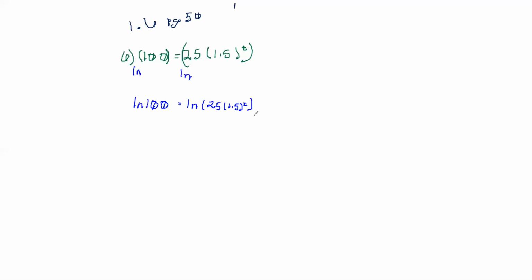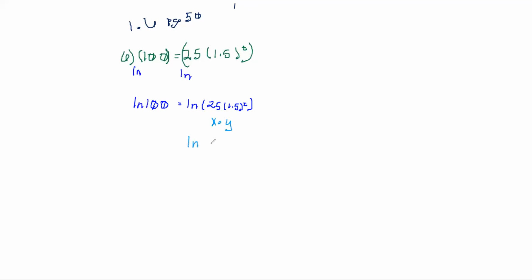Can anyone tell me what we do next? We divide out that 25, correct? That is not the first thing I would have done. That's kind of how I get to the answer. I usually don't mess with stuff when it's inside the logarithms, because when it comes to dealing with logs, I would separate this out first and get everything in terms of the logarithm, because this is a multiplication inside.